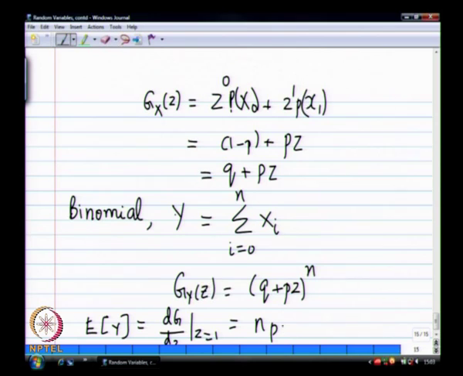Again, you know it is np, but if you want to go through the full derivation, p plus q equals 1. So when z equals 1 everything goes to 1, therefore it is n, and so forth.